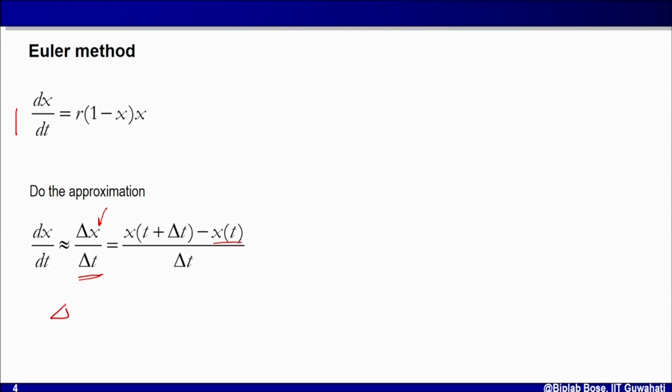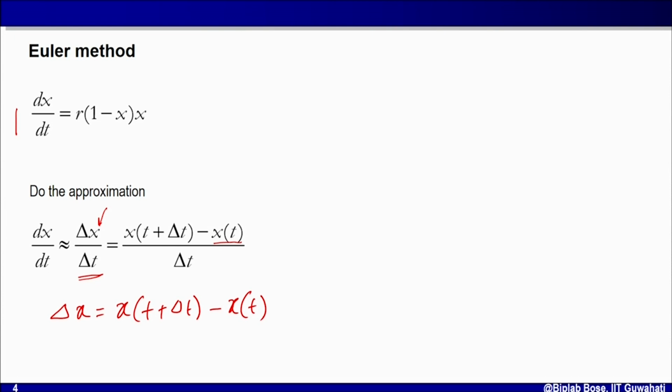So delta x by delta t is x at t plus delta t minus x at time t divided by change in time delta t.